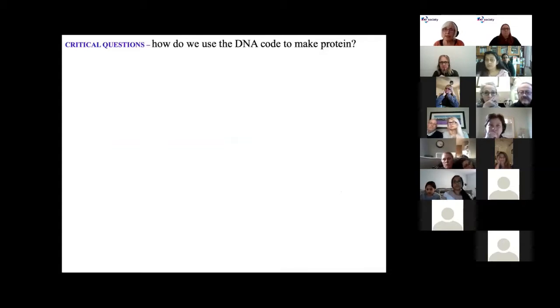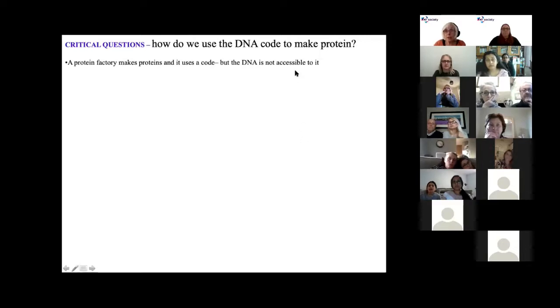So the question then is, how do we go from that DNA code to making a protein? There's something called a protein factory that makes proteins, and it uses that code. But in fact, it can't use the DNA as a code directly.